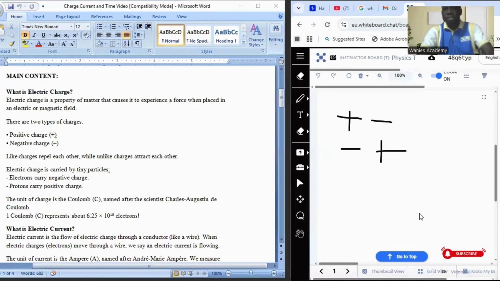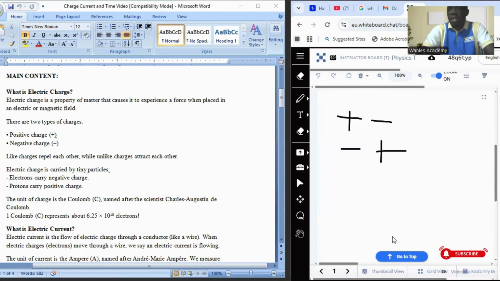Now, every quantity in physics has a unit. The unit of charge is the coulomb. It is named after a scientist, Charles Augustin de Coulomb.